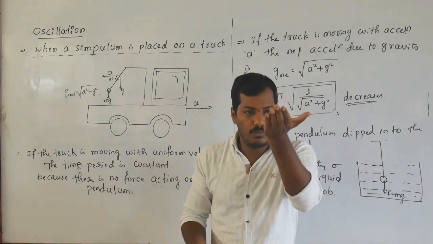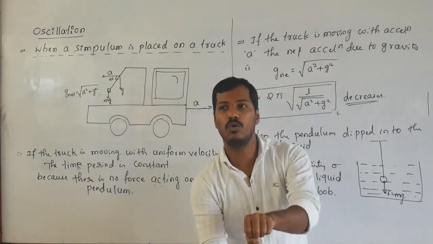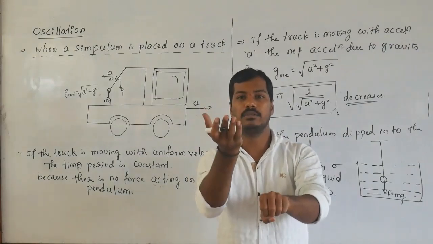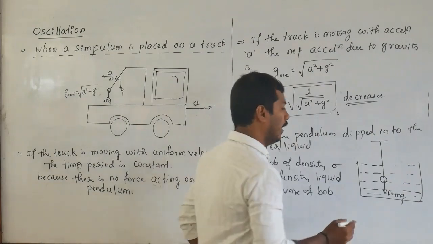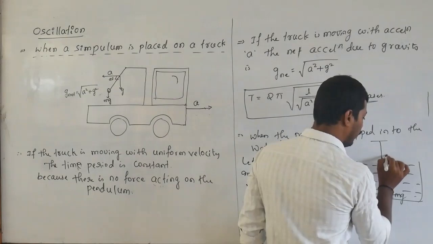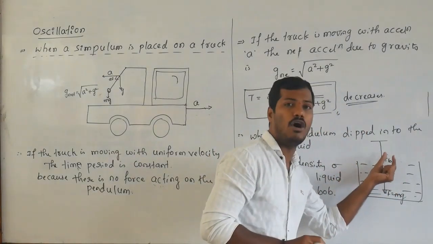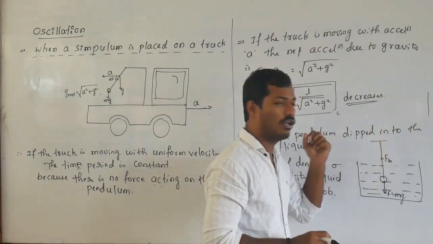If the body is moving downwards, the water molecules want it to move up. It is the force applied on the bob due to the water molecules.